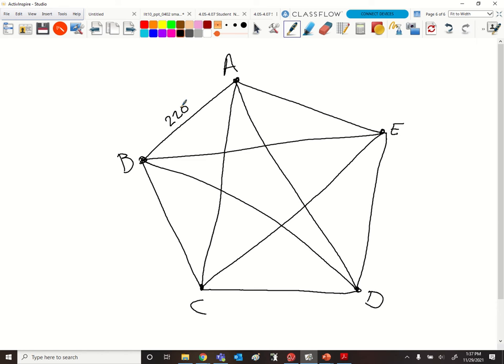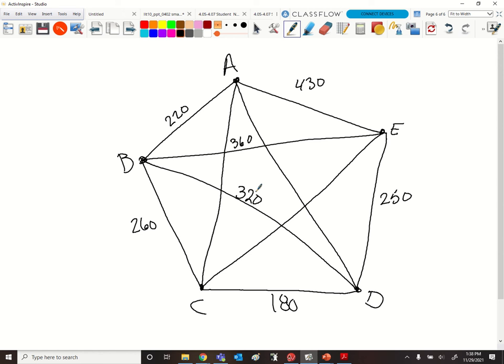B to C. 260. C to D. 180. Thank you. D to E. 250. A to E. 430. There we go. B to E. 360. B to D. 320. Where are we at now?